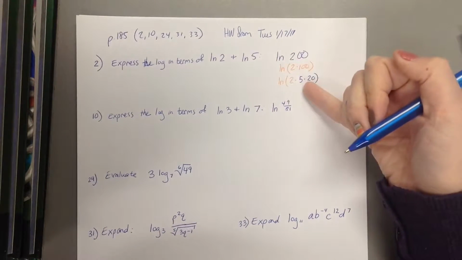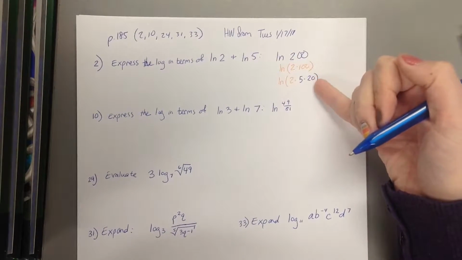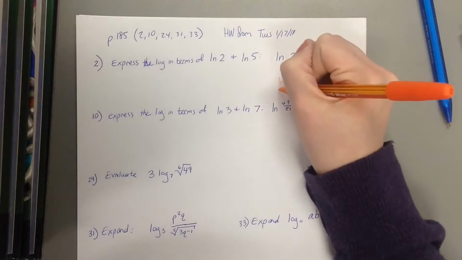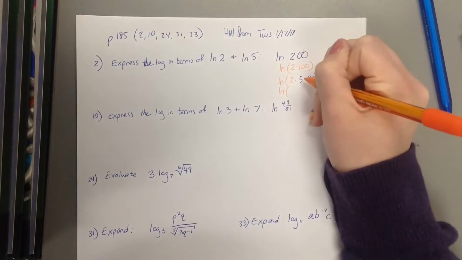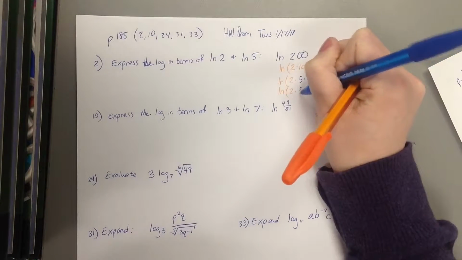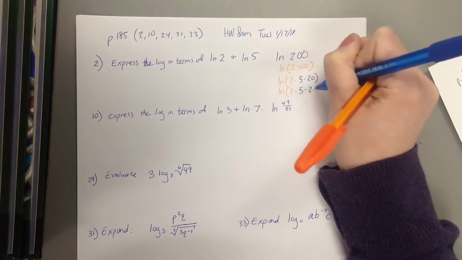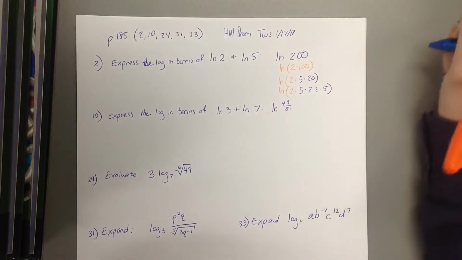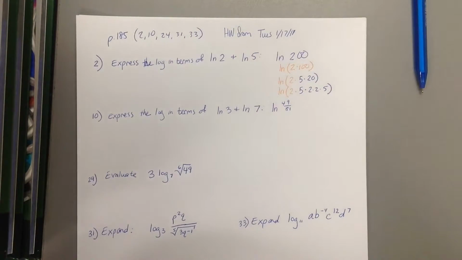There's my 5, that's good, but this 20 I can break down even farther. So I'm going to have, in the end, natural log of 2 times 5 times 2 times 2 times 5. That order isn't necessarily important.